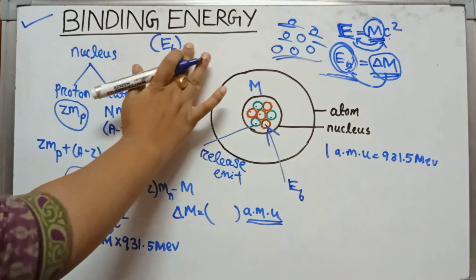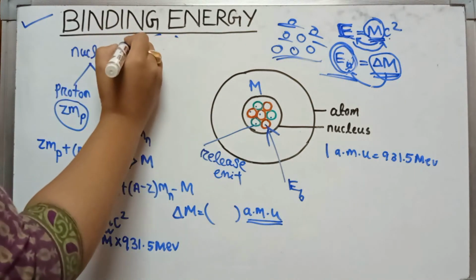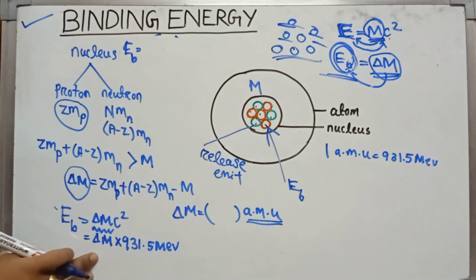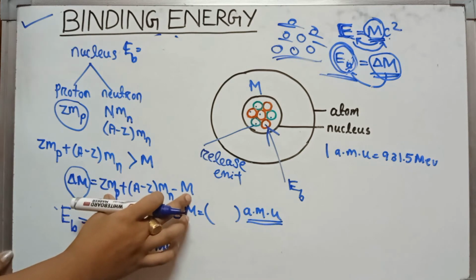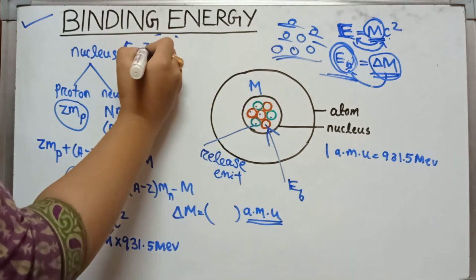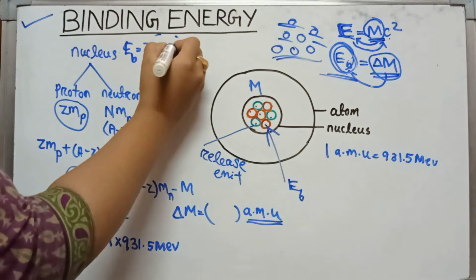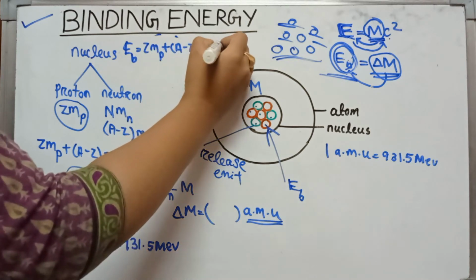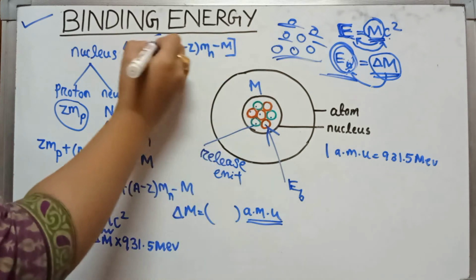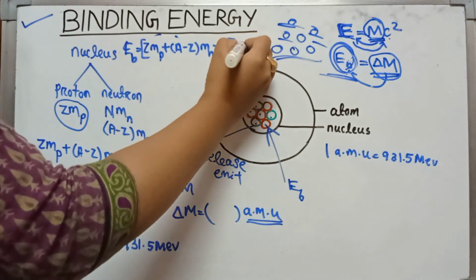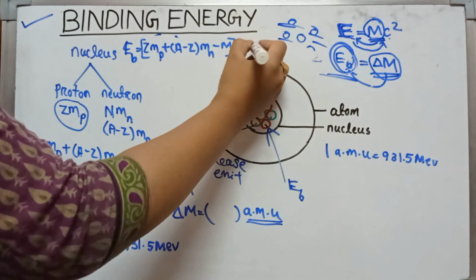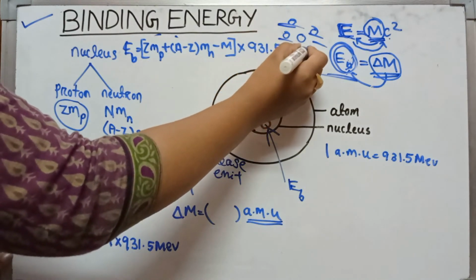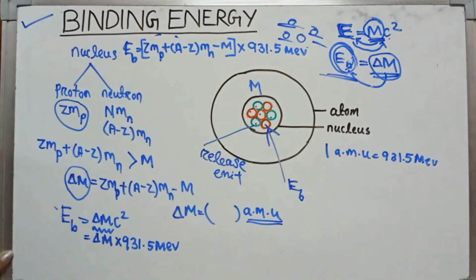That means binding energy EB, in the place of delta M we put the formula Z Mp plus (A minus Z) Mn minus M, into 931.5 mega electron volt. You clear, students?